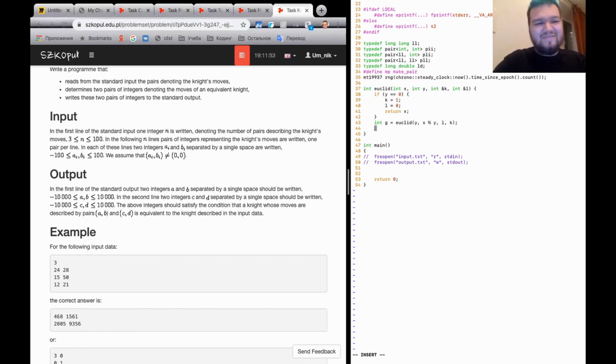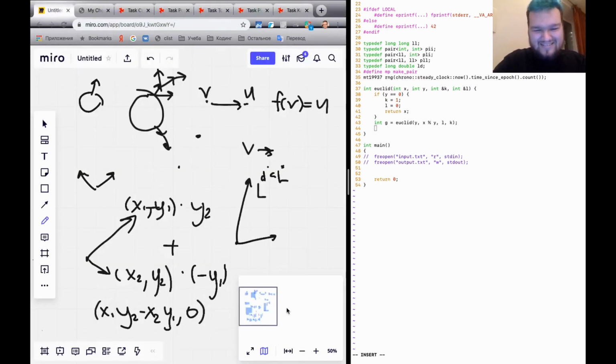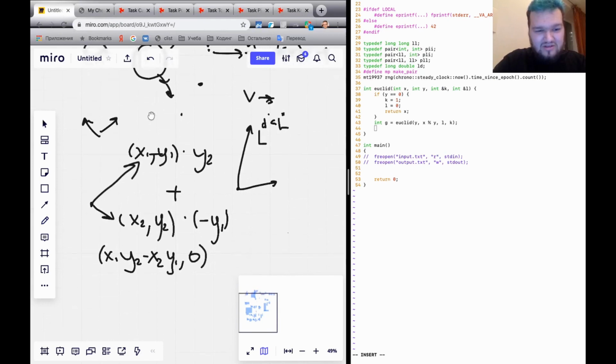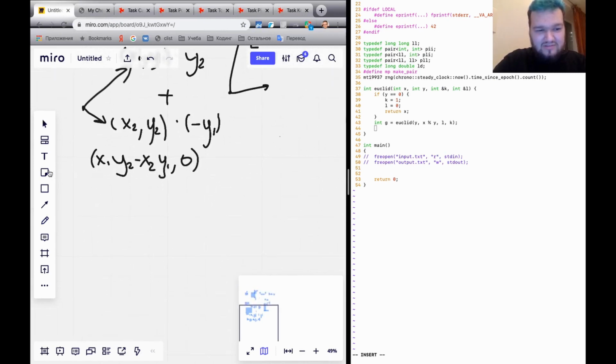So we can, okay, I'll write it. This is just the extended Euclid algorithm. So we get g equal to, okay, for some reason I can use my touchpad, but I cannot use my graphic sheet.